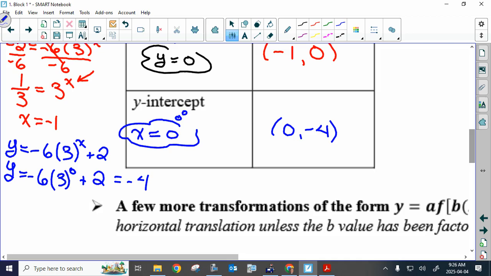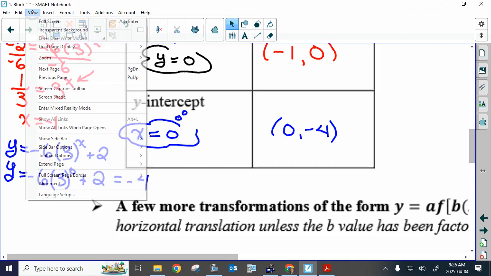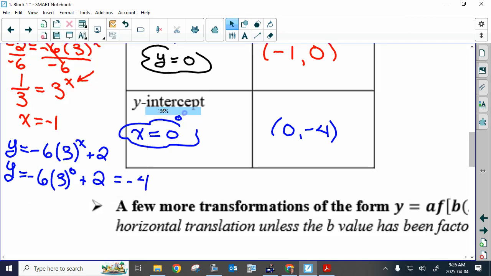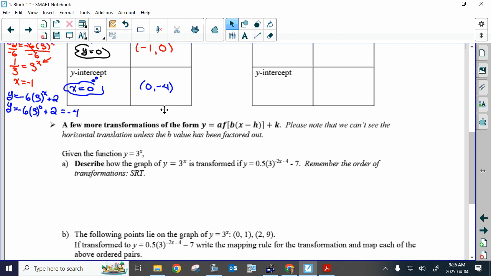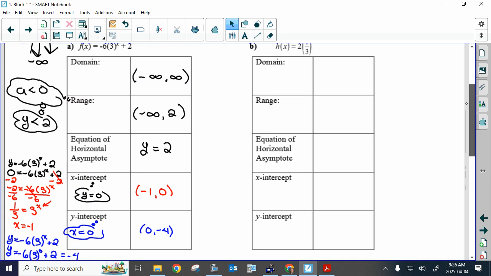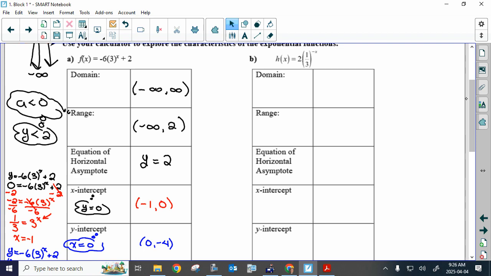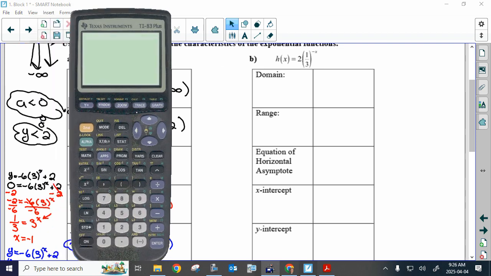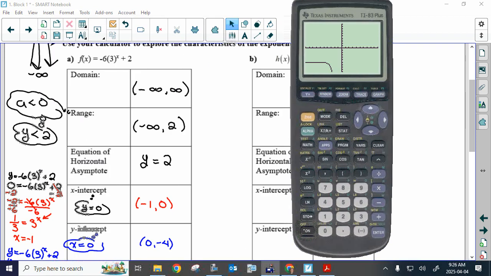Okay, so I just did all the math, and I found all the critical features, and I have a really good sense for what this graph looks like because I'm practicing all the math that goes into it, and you have to be smarter than your calculator. If I take a look at this guy, and I'm even going to use this old, nasty, been through the ringer calculator, and I take a look at this function, I can see my asymptote at 2.